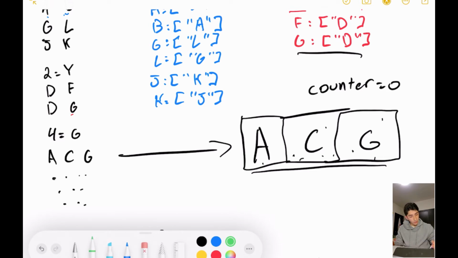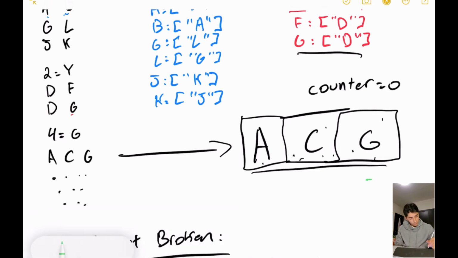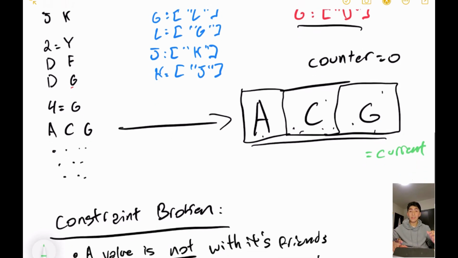Now you might be asking yourself, why an array list? What's the point of an array list? Well, this array list gives us a lot of functionalities. The first thing is we can get indexes. So we go get 0 and it'll return A. Get 1 and we get C, and get 2 we get G, right? So we can get stuff.